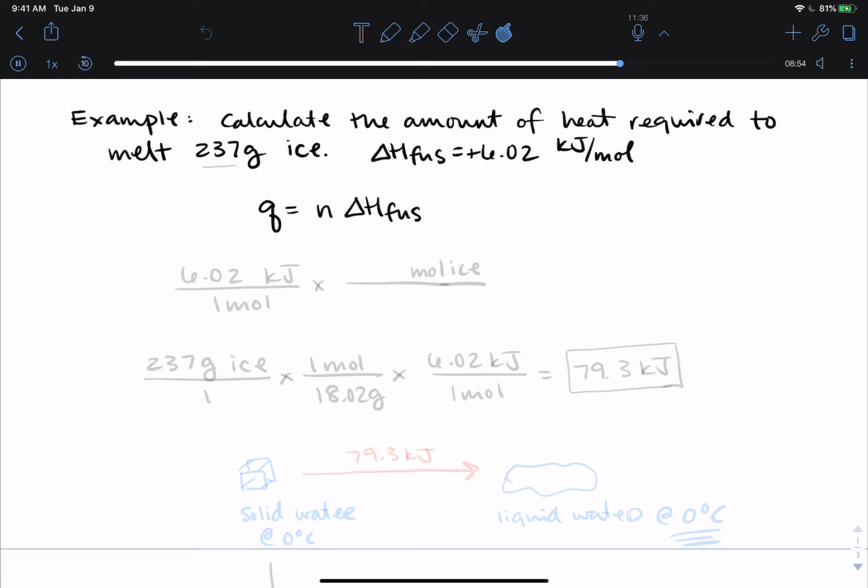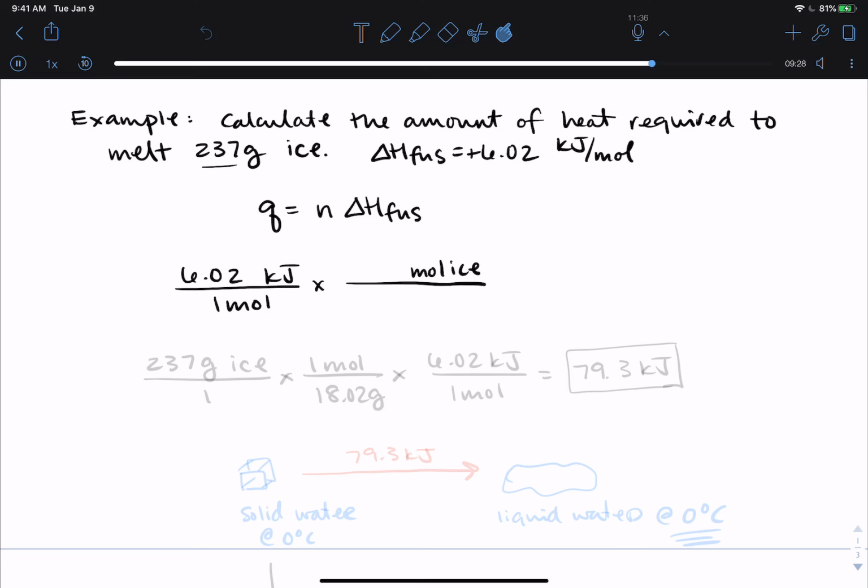If you like having an equation, we could also look at this as saying we have to put in 6.02 kilojoules for every 1 mole. Then we could just multiply it by the number of moles of ice that we have. Now, they give us 237 grams, so we have to do a little bit of a conversion first. That's an issue, but it's not an insurmountable one. It's just an extra step in our calculation.